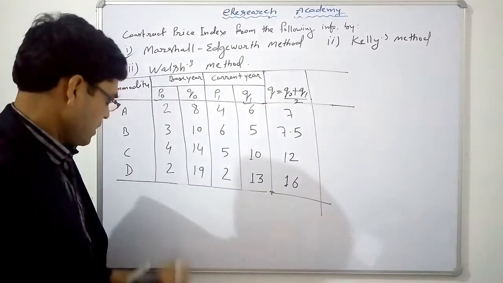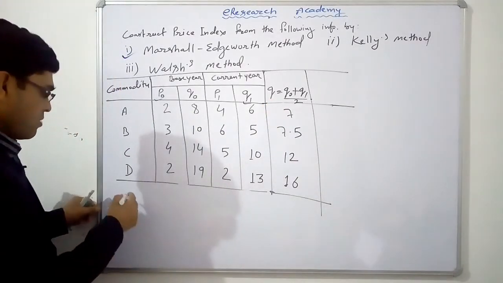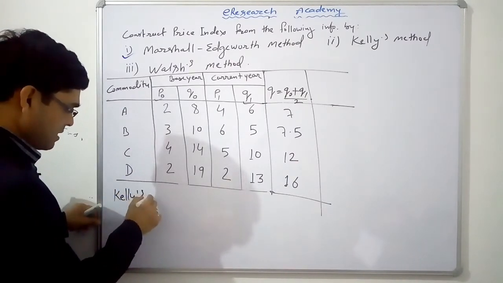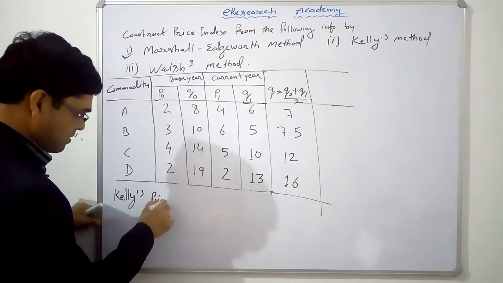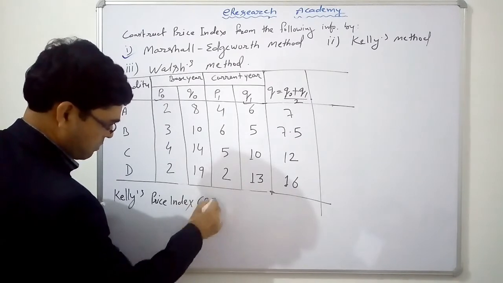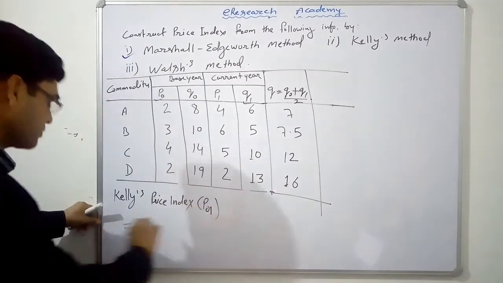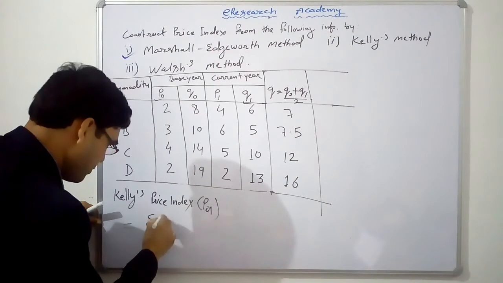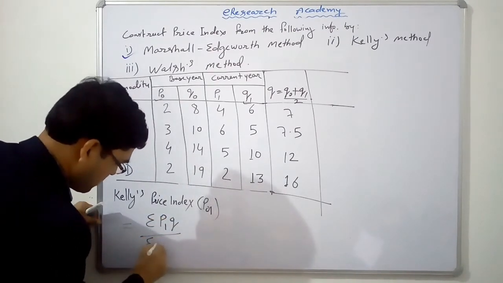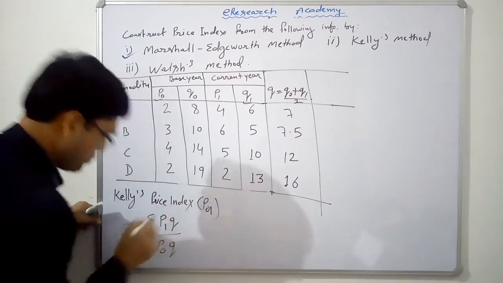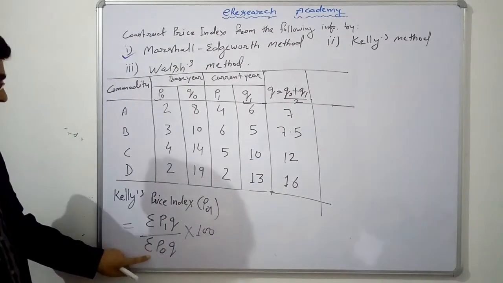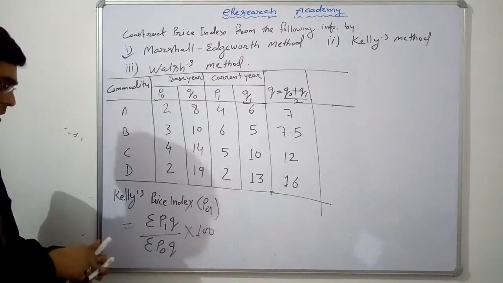Now what is the formula here? The formula under Cayley's method: Cayley's price index P01 equal to sigma P1Q upon sigma P0Q, into 100.